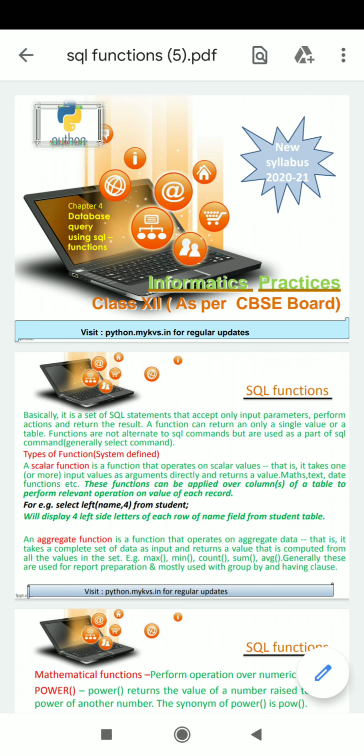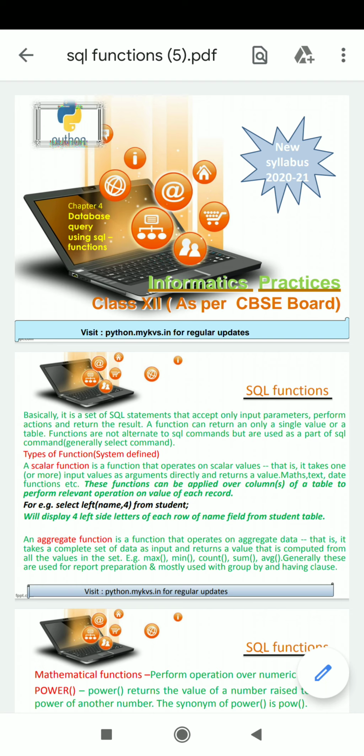There are two types of function. One is system defined and another one is user defined. In our course, it is only system defined. It can be further categorized into two categories: scalar function and aggregate function.